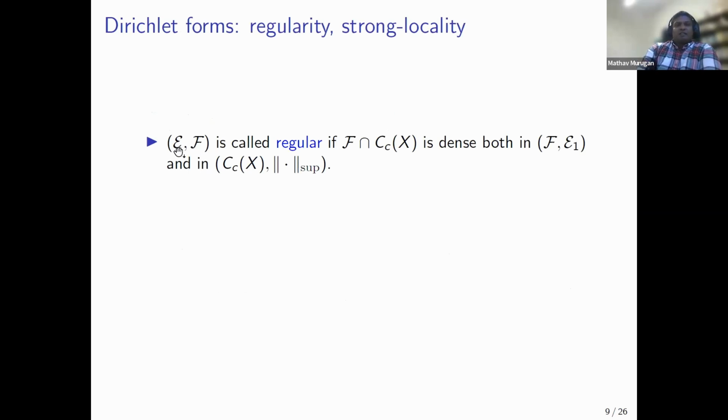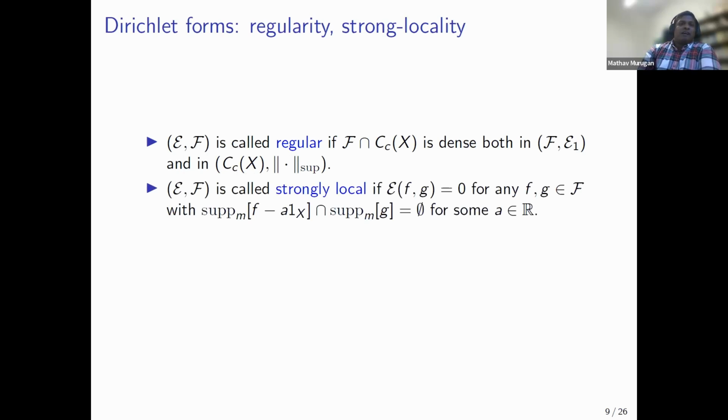So the Dirichlet form is said to be regular if the set of compactly supported functions in the domain of the form is dense both in the Hilbert space F with the E1 inner product, and also in the space of compactly supported continuous functions with respect to the sup norm. So this is a technical condition.